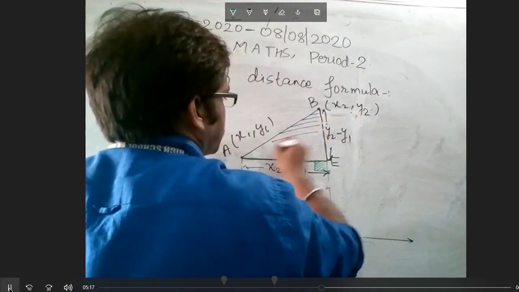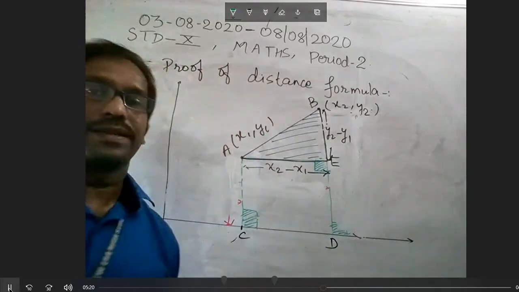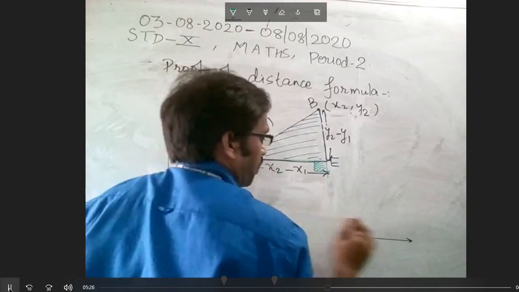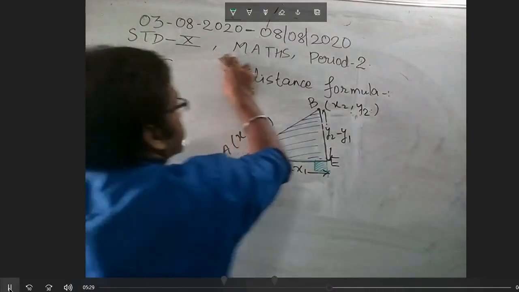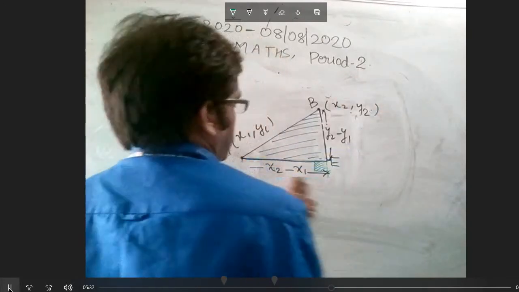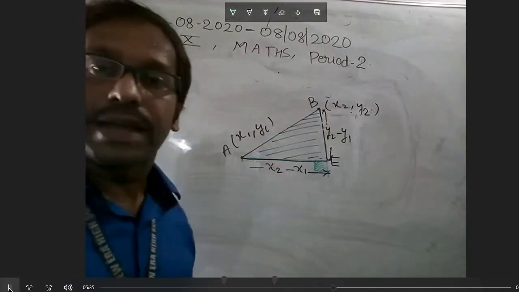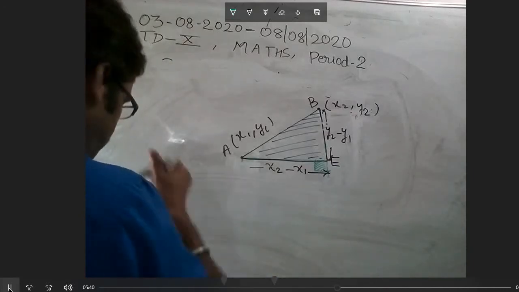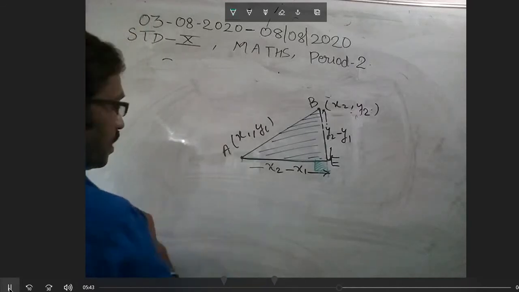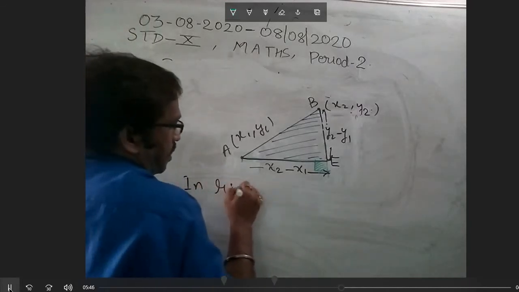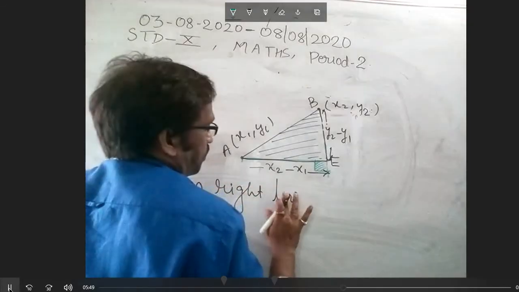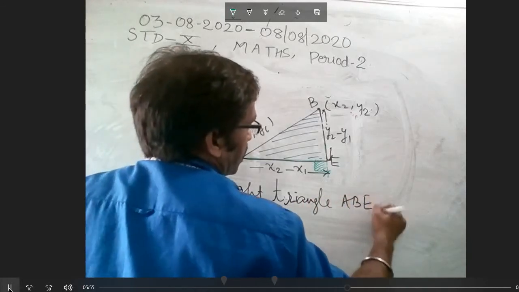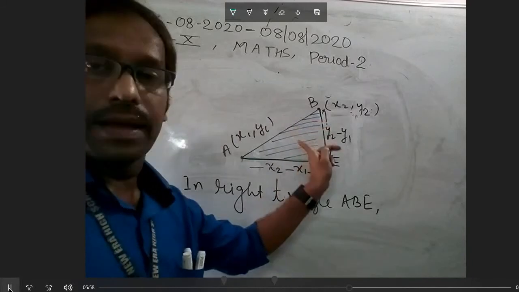Okay, so this is the right angle triangle. ABE is the right angle triangle. Now there is no use of all these things here. So now I think you are getting what you have to do and why Pythagoras has been used here. So now in right triangle ABE, AB square, you know that, no need to explain what is that.